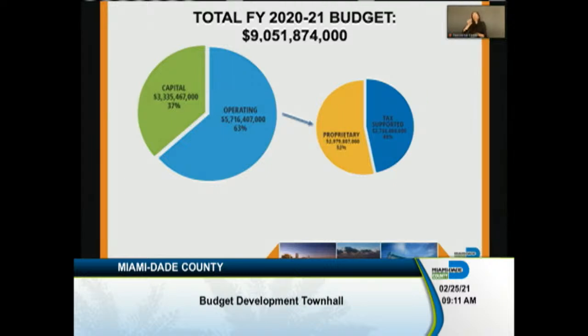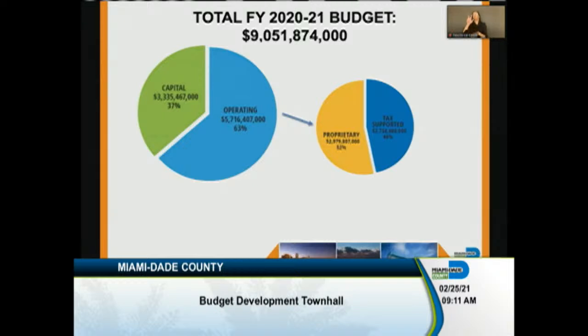Tax supported refers to activities paid by taxes regardless of a person's use of the service, such as park and police services. Tax supported operations include the following jurisdictions. Countywide represents $1.722 billion, consisting of $1.438 billion in property taxes and $284 million in other revenues.